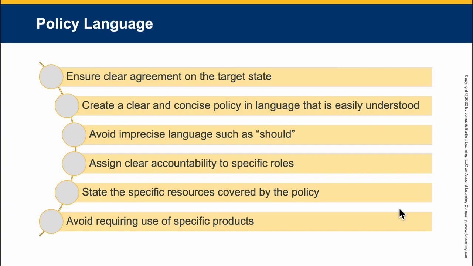Use words like should, accountability. Try not to name a specific product. For example, if you say you need to use this specific antivirus, it means there are others, you see.